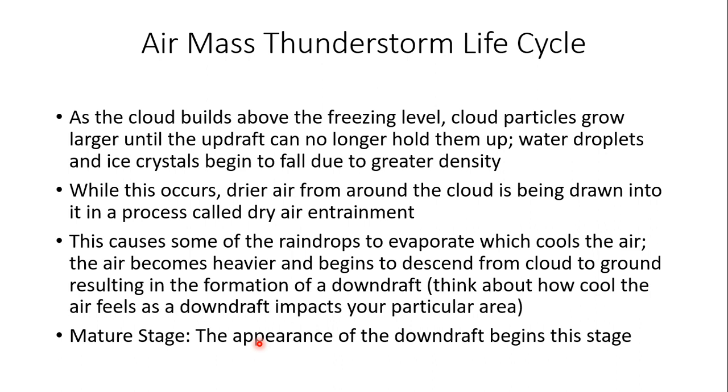That process is going to cause some of the raindrops to evaporate, which tends to cool the air, and when the air cools, it tends to become heavier and begins to descend from the cloud to the ground. And this really results in the formation of what's known as a downdraft.